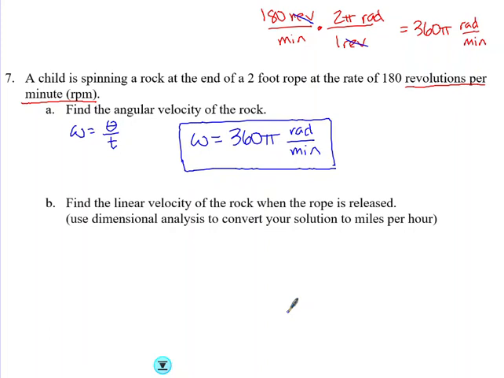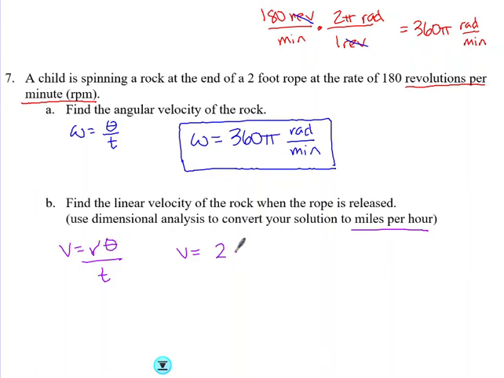Part B says, find the linear velocity of the rock when the rope is released. So we want the linear velocity, which is r theta over t. And then we want to convert our answer to miles per hour to see how fast this rock is traveling. So we know that the radius is 2 feet, and then we already have our angular velocity, the theta over t.